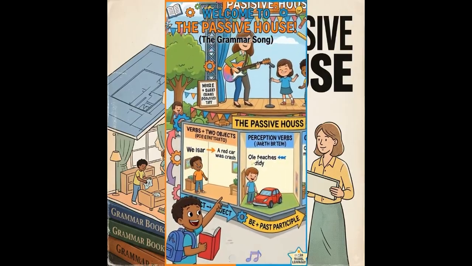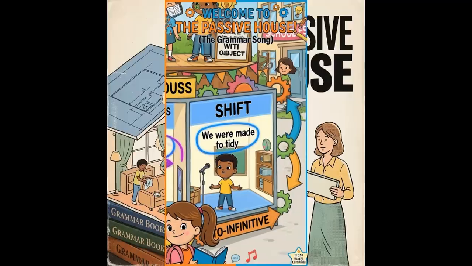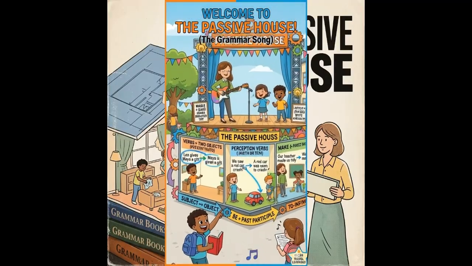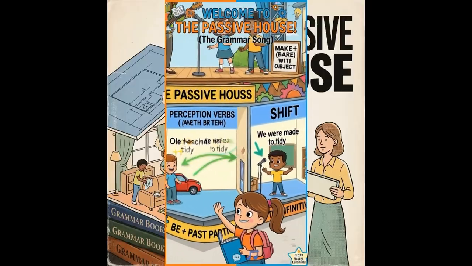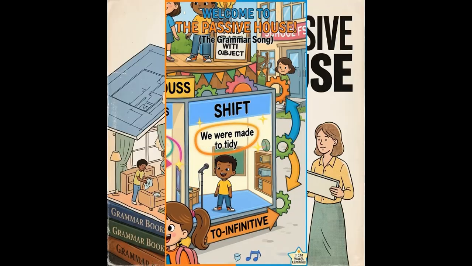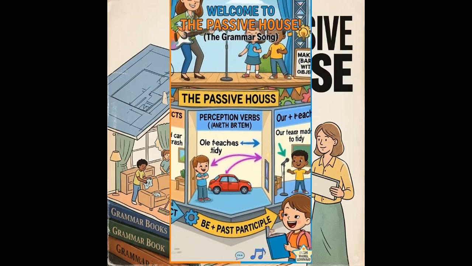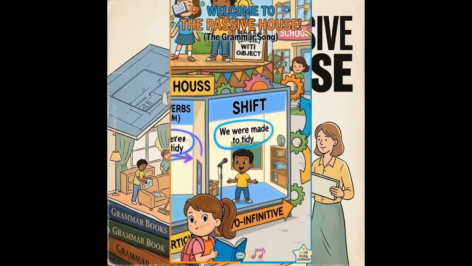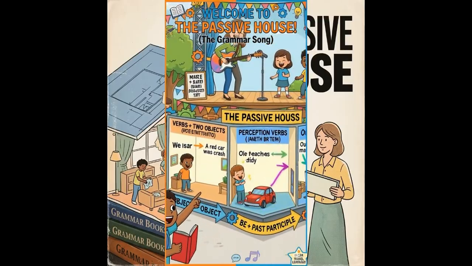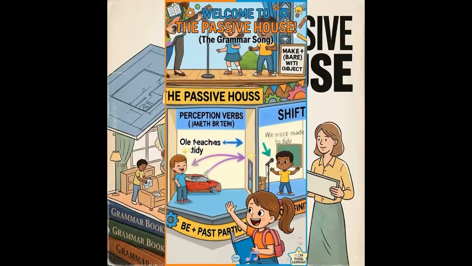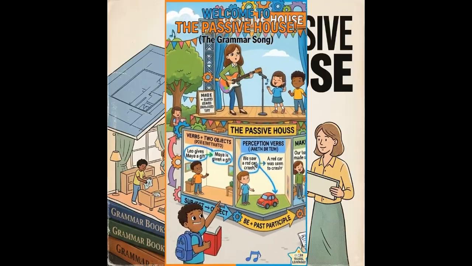Active voice, we're doing the seeing. Bare infinitive, just crash into the tree. Passive voice, it's about the being. A red car, a crash into sea, you see. We hear a baby crying, the infinitive stays. In the passive world, it's heard in the haze. Our teacher made us tidy the room. Just the bare infinitive, in the active gloom, tidy, no to. We follow the lead. The passive changes what we actually need. We were made to tidy.